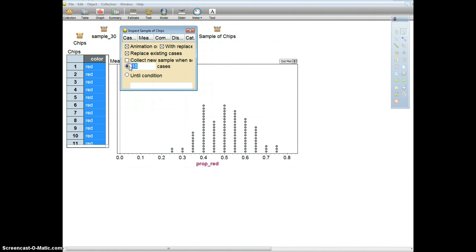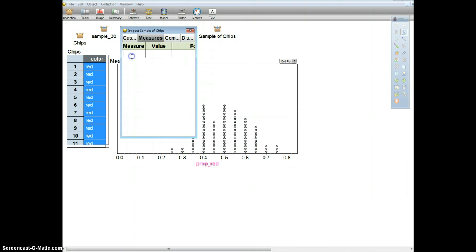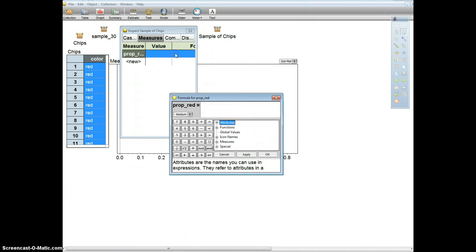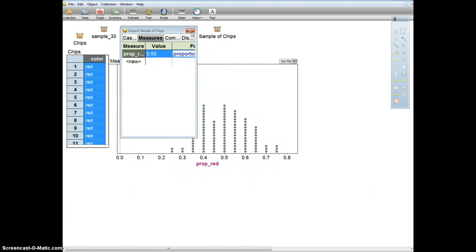Instead of 30, I'm going to make it 40. And let's collect these. I still need them to measure the proportion that are red. It's going to give me a proportion that are red.